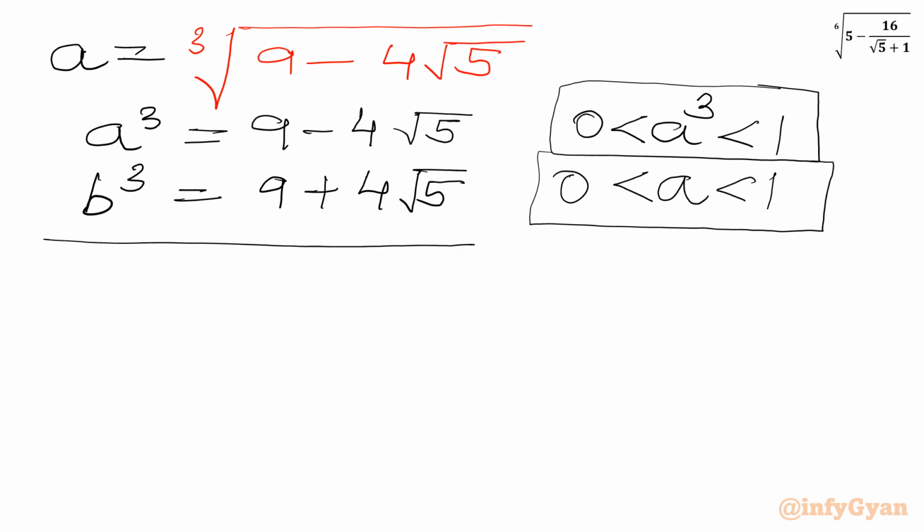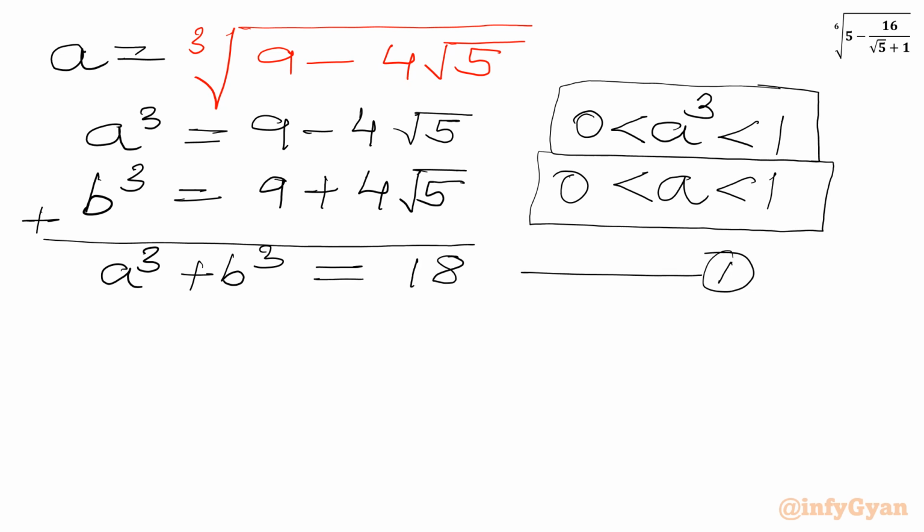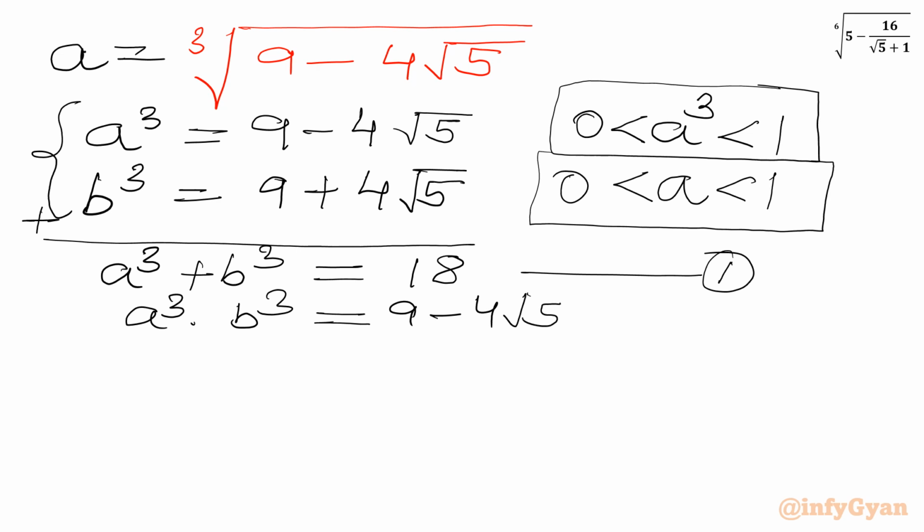Now I will add these two equations. So I can write a cube plus b cube will be equal to 18. Let us say this is our equation 1. Now I will multiply these two. So a cube times b cube will be equal to 9 minus 4 root 5 times 9 plus 4 root 5. Again we can use the difference of two squares formula. So LHS will be ab whole cube.